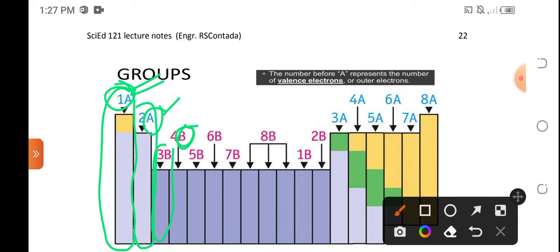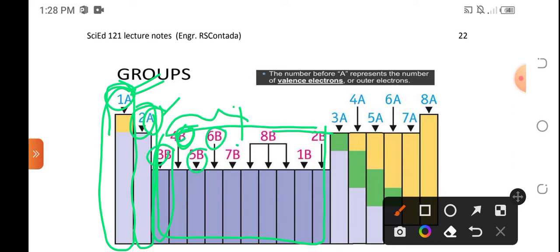Nevertheless, may pattern pa rin yan. We have 1A, 2A, and then we jump. May 10 groups dito, and they are the transition elements. The first 5 are the early transition metals, composed of 3B, 4B, 5B, 6B, and 7B.